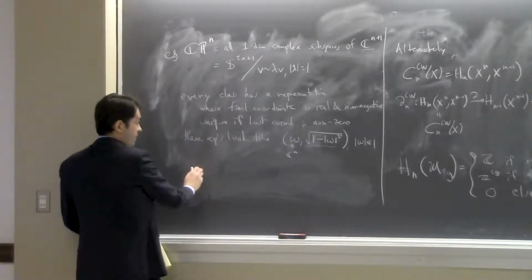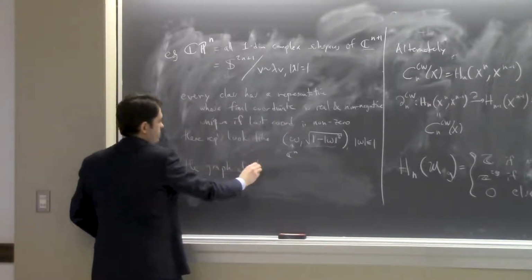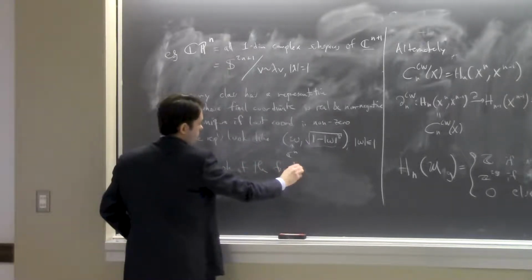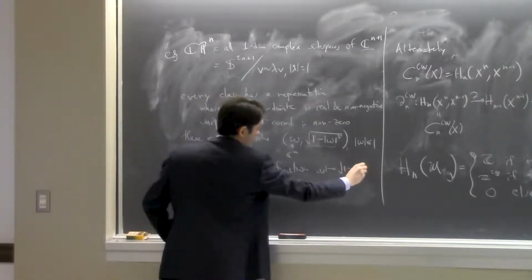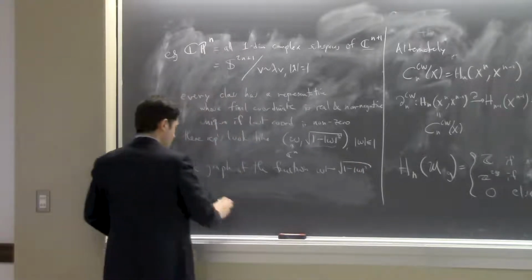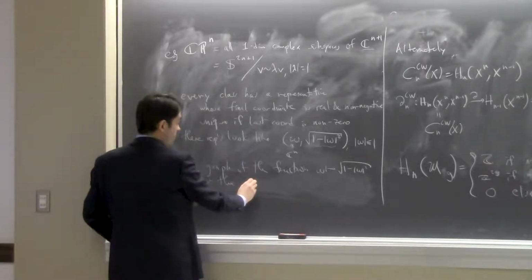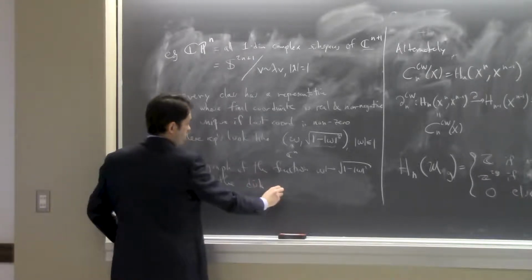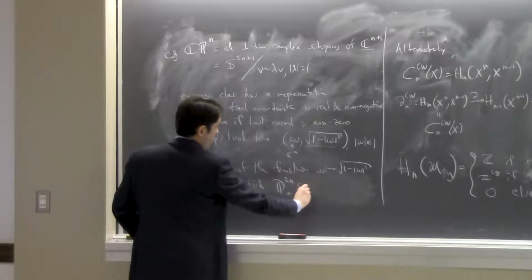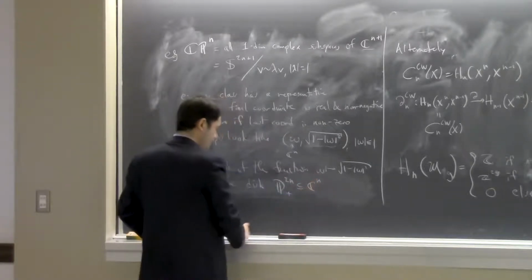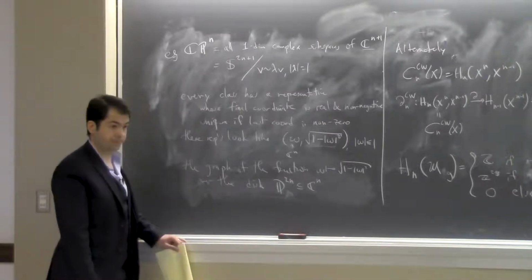So this is the graph of the function ω goes to this, over the disk, let's call it D^(2n) inside C^n.